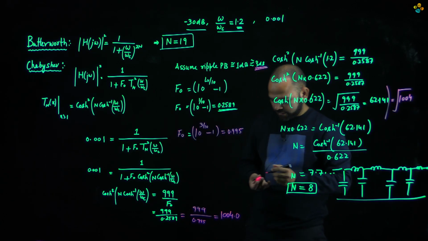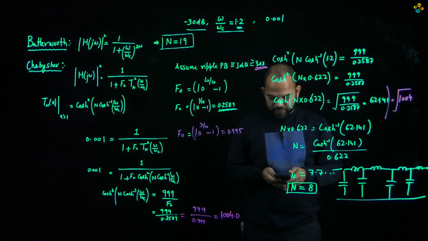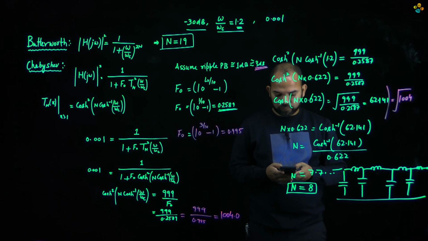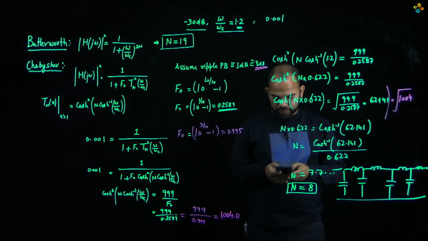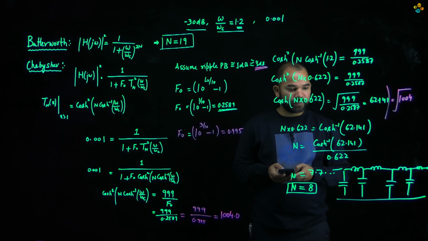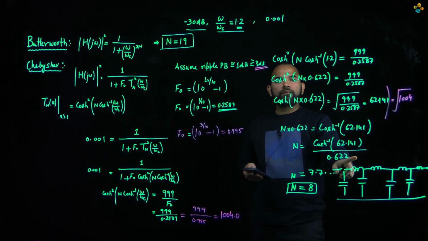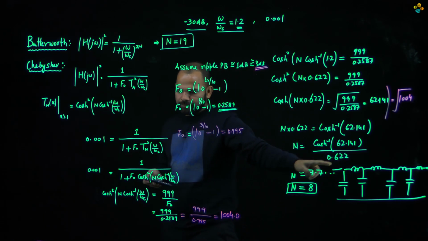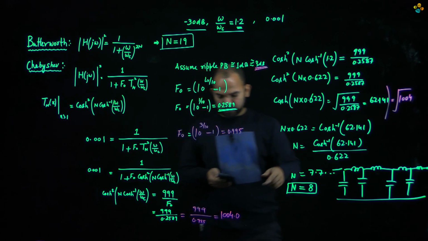Okay, let's take the square root of this first. And then we need to calculate the cos hyperbolic inverse of this. So this comes out to be this, and divided by, from where this factor is coming, this is not going to change because this is from omega by omega c.